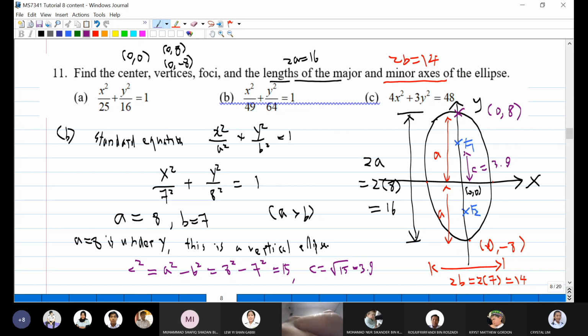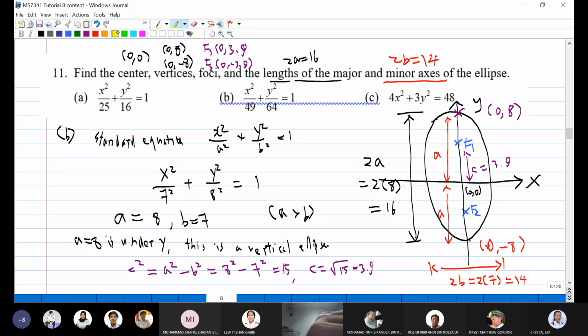So F1 is 0, 3.9. F2 is on the negative side, 0, minus 3.9. So this is how you do 11b.